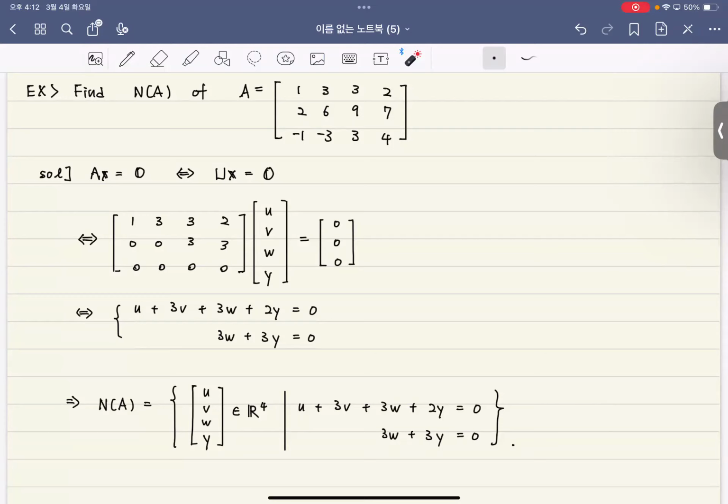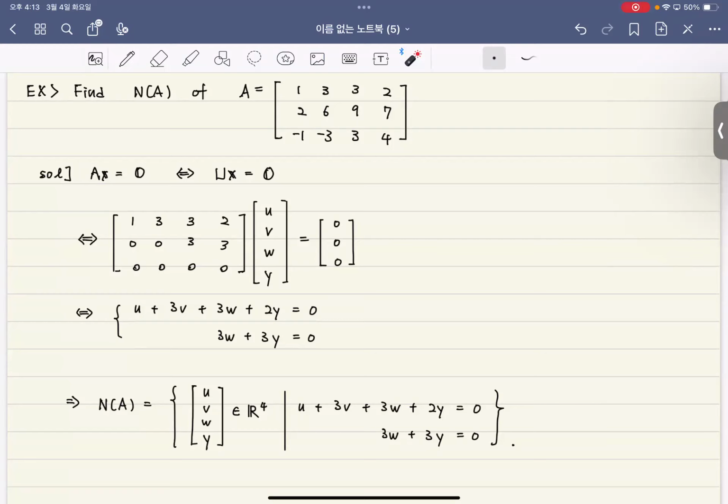And since U, V, W, Y must satisfy these two restrictions at the same time, the geometric object described by these two equations is kind of an intersection of two three-dimensional subspaces in R4, right?